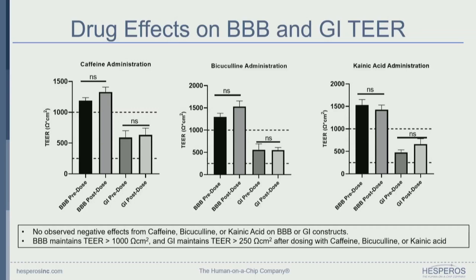Bicuculline goes through the GI easily, but not the BBB, versus kainic acid has trouble getting through the GI, but goes through the BBB freely. The threshold that we had here, looking at transport studies previously, was 1,000 ohm centimeter square for the BBB and 250 for the GI. But essentially, the slide tells you that adding those drugs did not affect the functionality of the cells themselves.